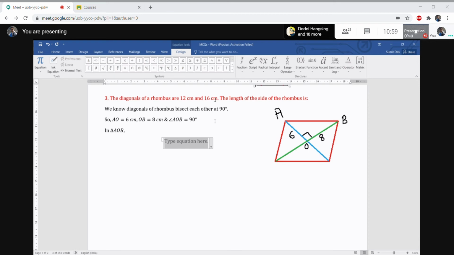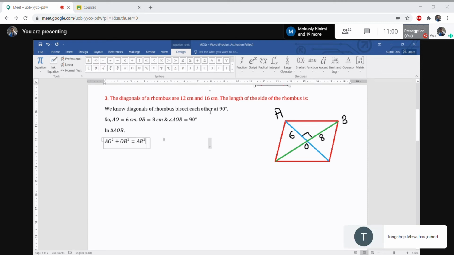It will be AO square plus OB square, I hope everyone remembers, is equal to AB square. Then just put the values. AO square is 6 square, and 8 square, equal to AB square.